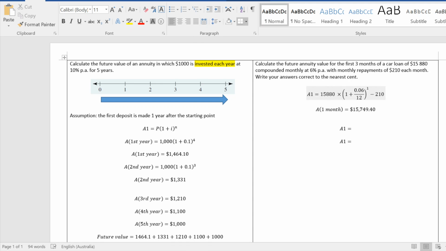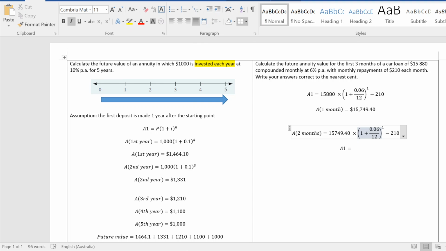Okay, so here we took our original amount. We then added the interest to that and then took away the repayment. Okay, now for the next one, I'm just going to take this, substitute it down here. Now what we're dealing with is 2 months. So after 2 months, what we do, instead of using the 15,880, because this is a reducing balance loan, in effect, we take our previous amount, the $15,749.40. Okay, the rate hasn't changed, the repayments haven't changed, and now we simply sub that in.